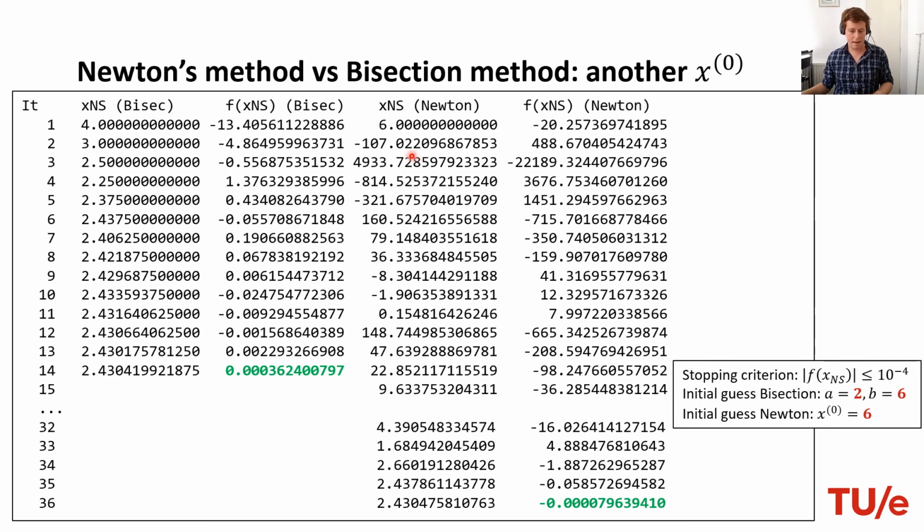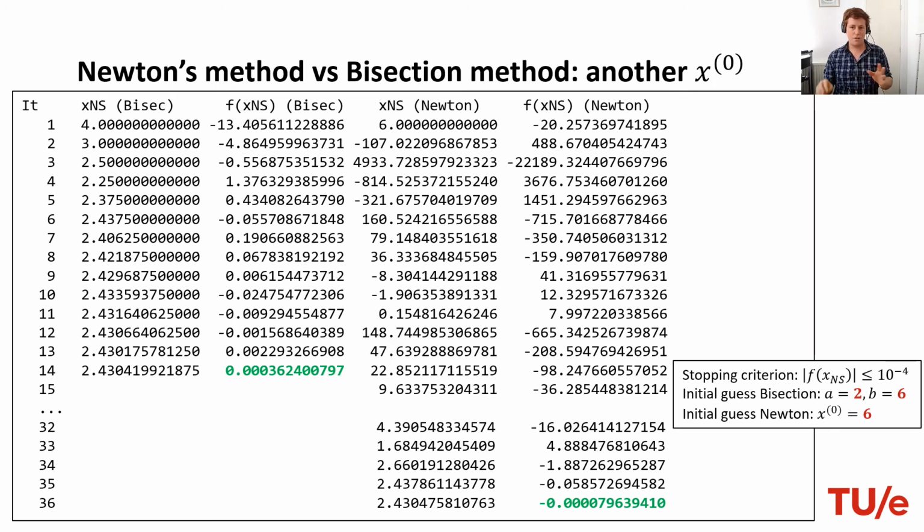In this case, after a while, it comes back to a number around 4, which is relatively close to the solution 2.43. After that, we see very clear rapid convergence. In only a few iterations, we converge and trigger the stopping criterion. Once it gets close to the solution, Newton is very fast.